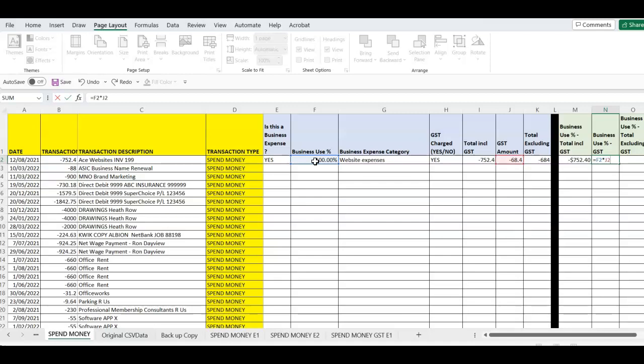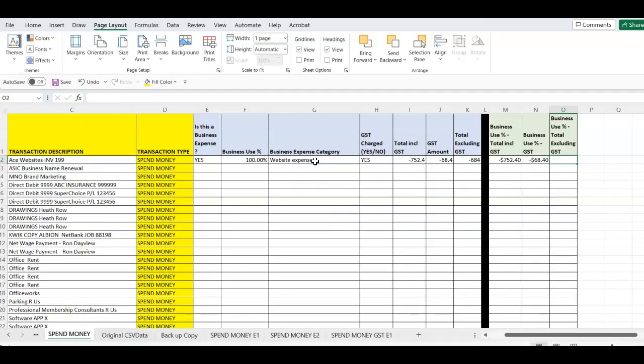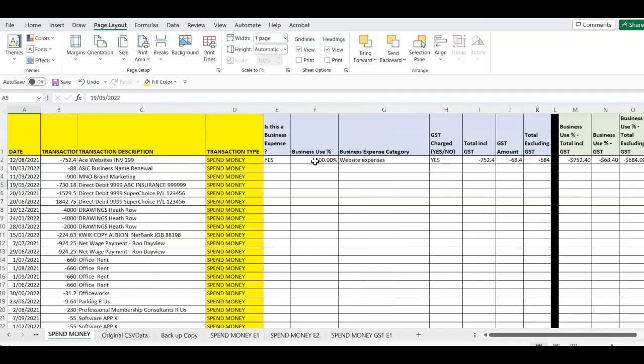Again, when doing all this type of work, sanity check your work to look out for mistakes that can easily be made without realizing. So doing the formula now to multiply the transaction totals by the business use percentage. That's the green columns on the right, and we've done that transaction.